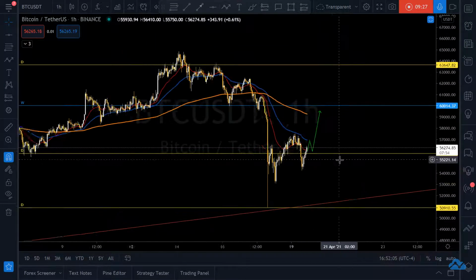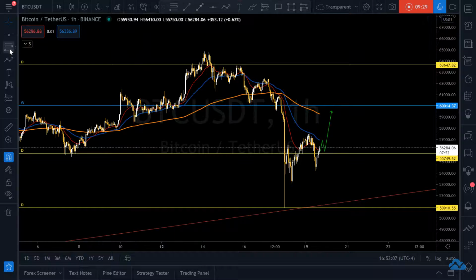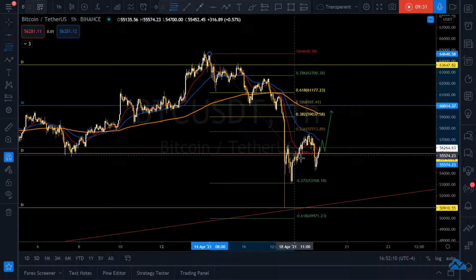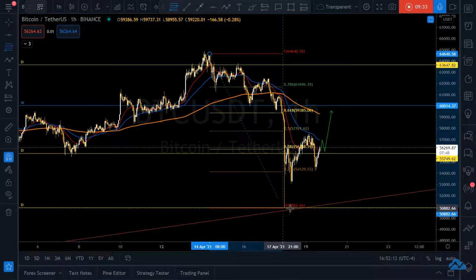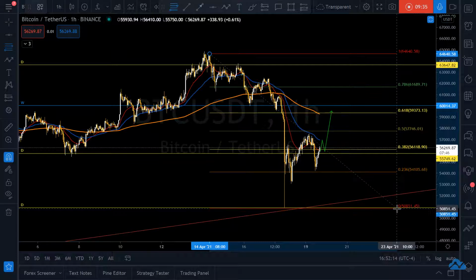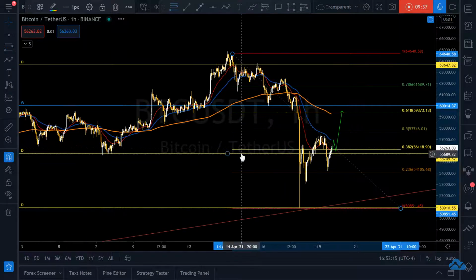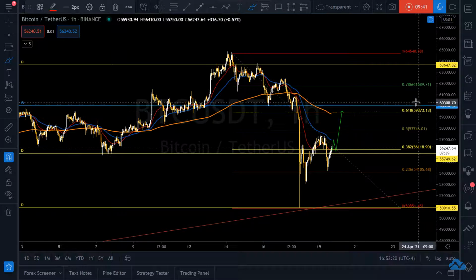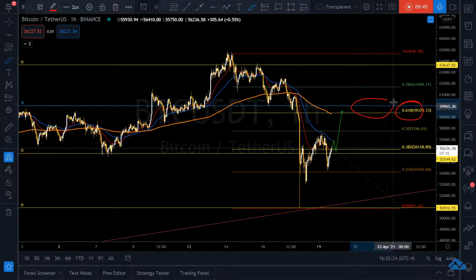And where do I stop my Fibonacci's? From the swing high to the swing low. Swing high, swing low down here. And what do we have? This is what I'm looking for, folks. The golden ratio. And you see how close it is in proximity to that weekly level of resistance.